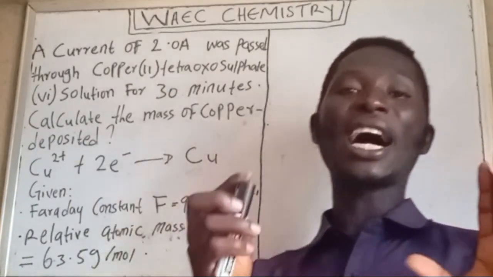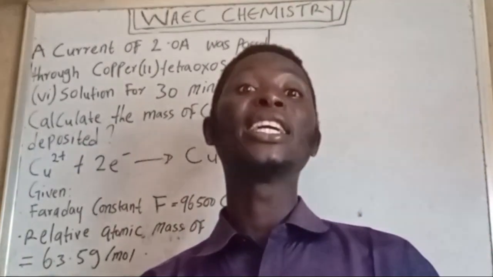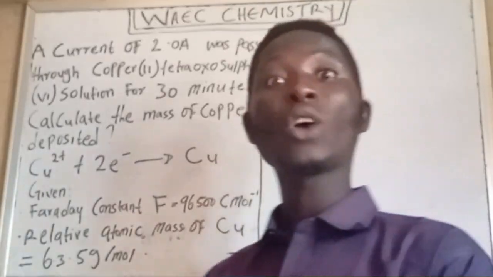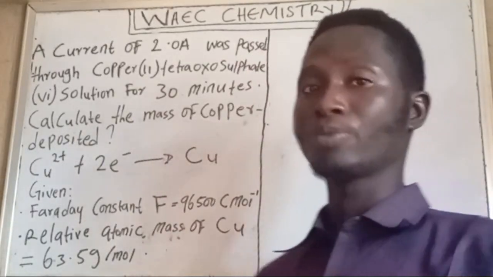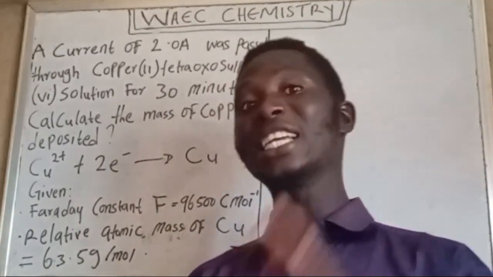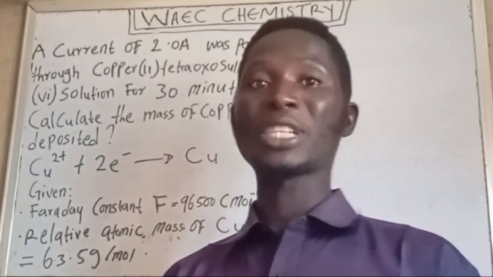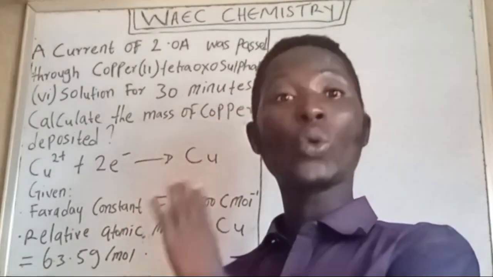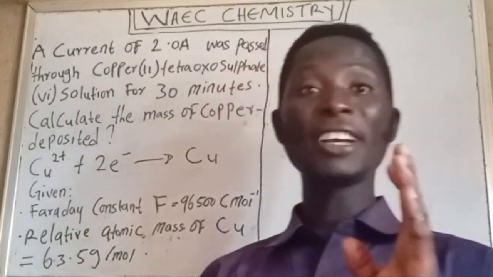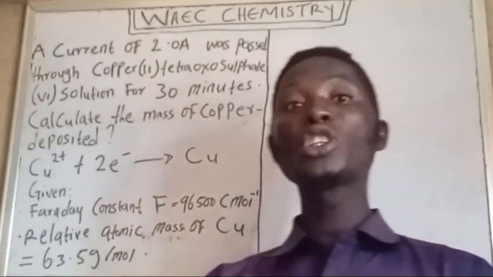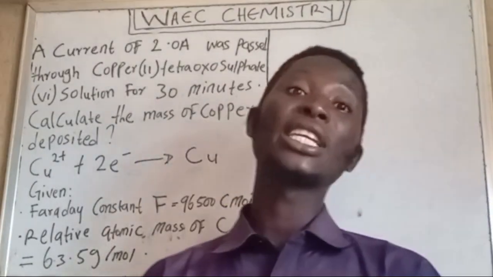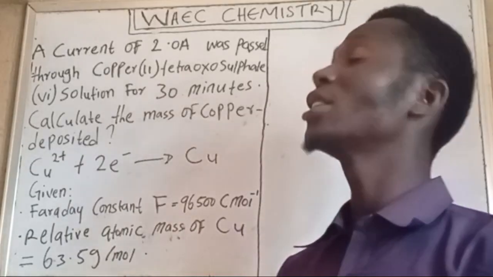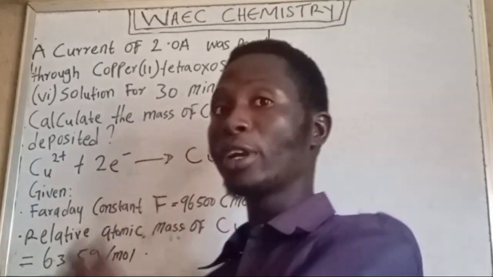Now I always advise students, whenever they are about to answer questions like this in the exam, to follow some steps, and these steps will help you to answer your question without stress. The first thing you will do is to know where the question is being set from, that is the topic the question is coming from.